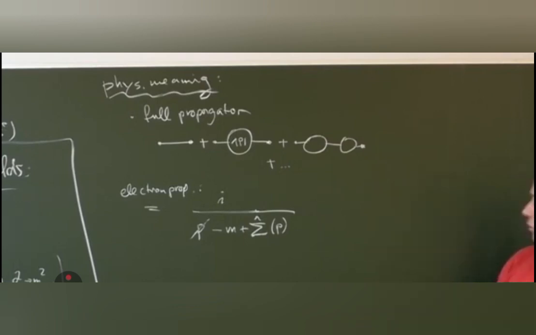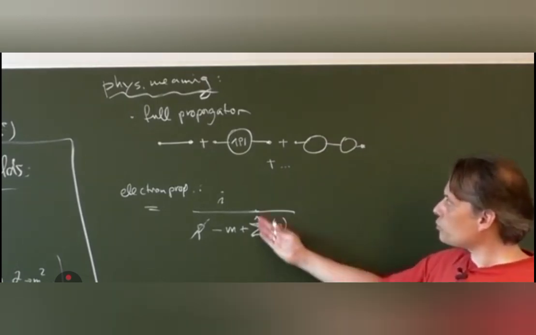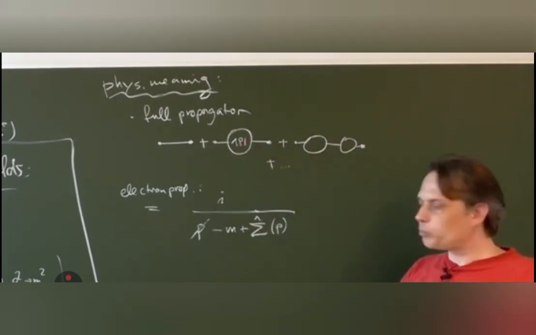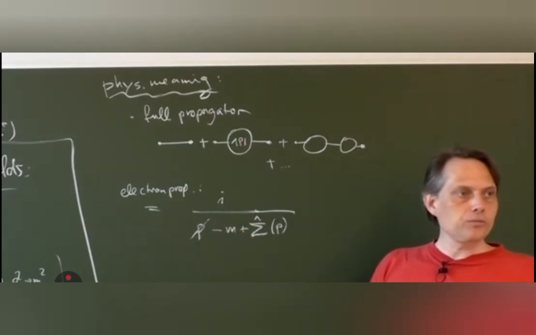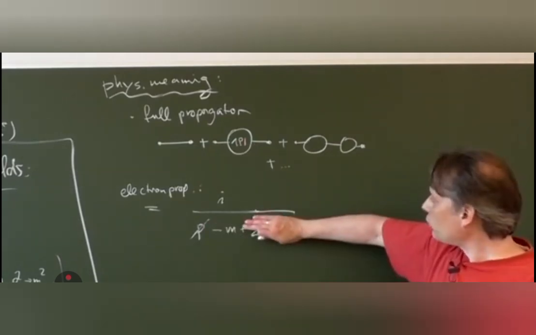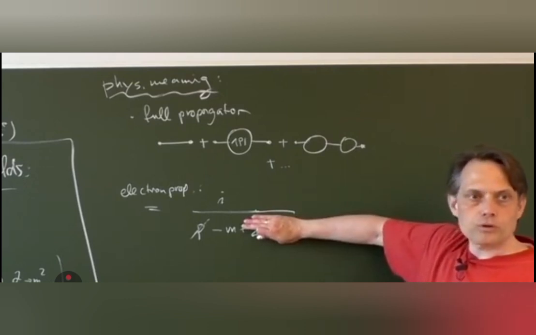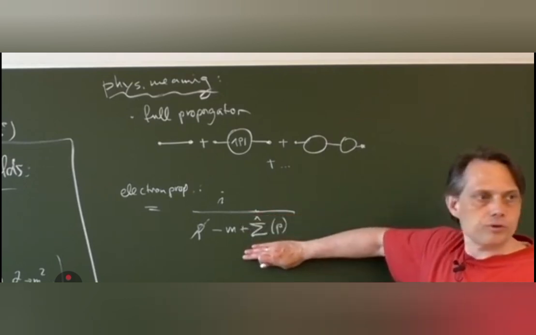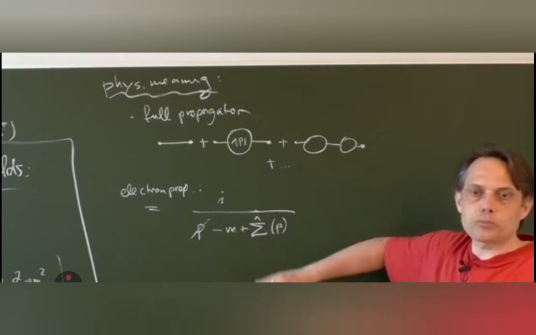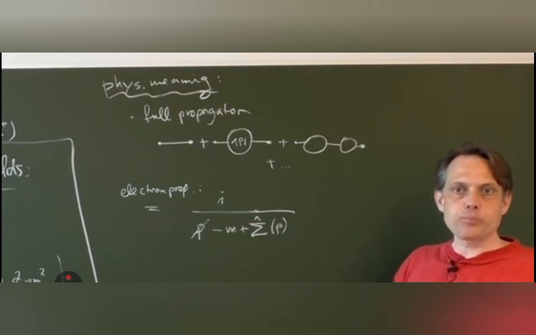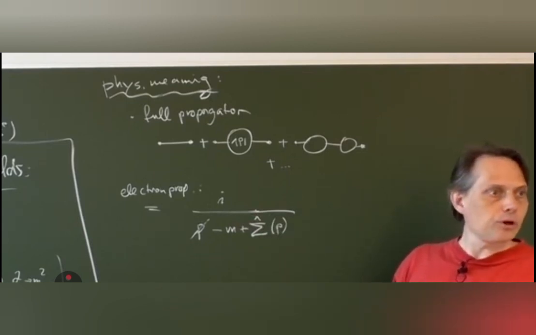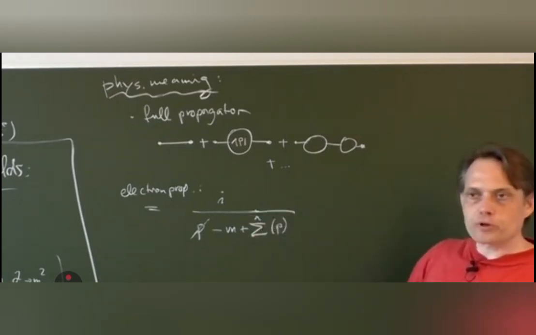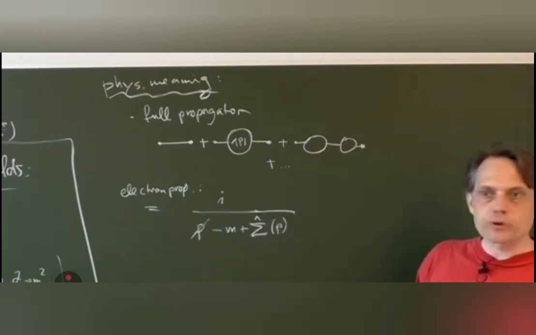And then you see that this self-energy, the one-particle irreducible blob, has the effect that it changes the denominator of the propagator. At tree level we have just this, and at the higher order level we have the additional term in the denominator. And that might shift the location of the pole. The location of the pole is the physical rest mass, and it might also change, obviously, other behaviors of the propagator.